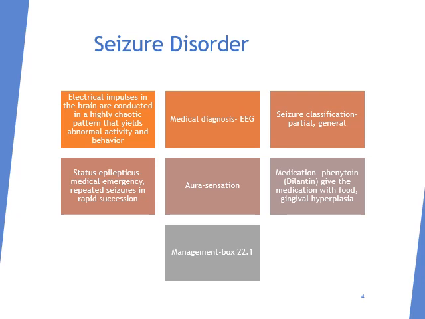So a seizure isn't a light thing. It's nothing easy about that. It's not something that we look at lightly. Electrical impulses in the brain are conducted in a highly chaotic pattern. We see that on an EEG because an EEG is the electrical activity in the brain.